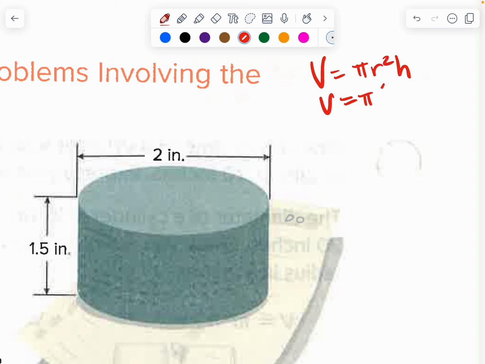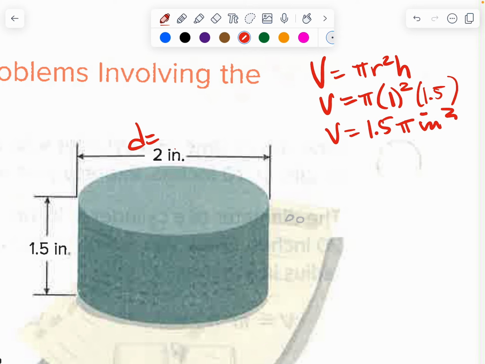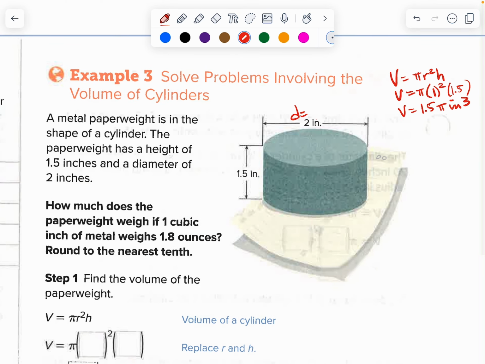So pi times, because this is diameter, d equals 2 inches, that means my radius is going to be 1 inch, and then the height is 1.5. So that's going to get me 1.5, because 1 times 1 is 1, pi inches cubed. So we now have the volume of that.